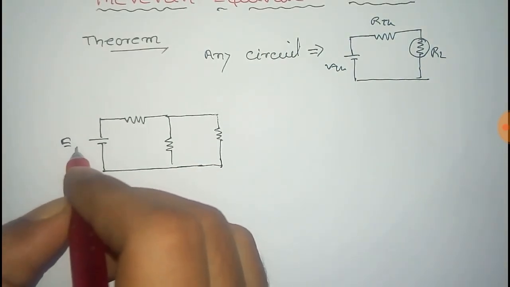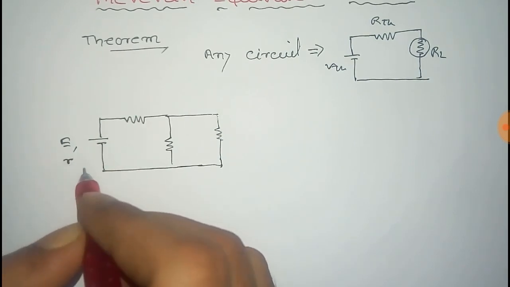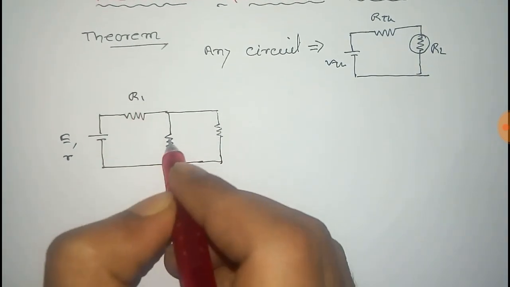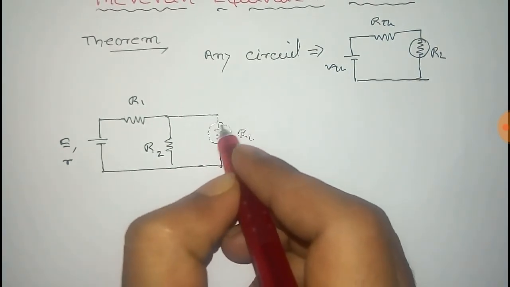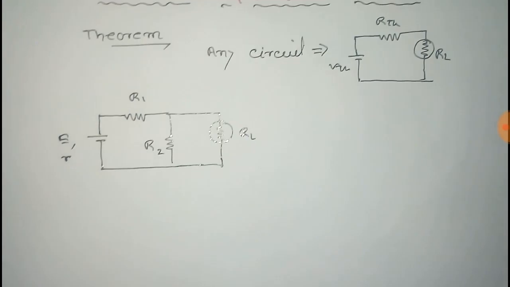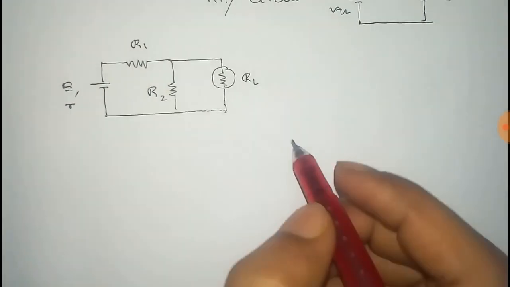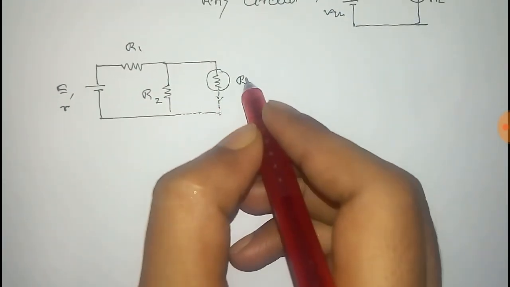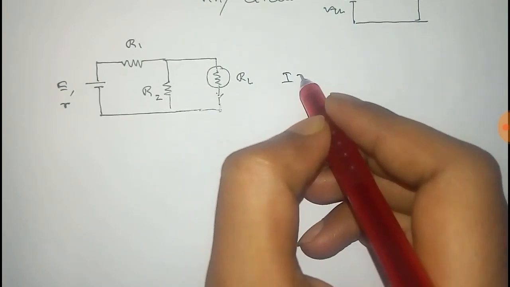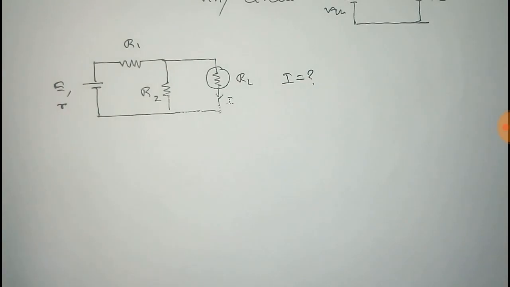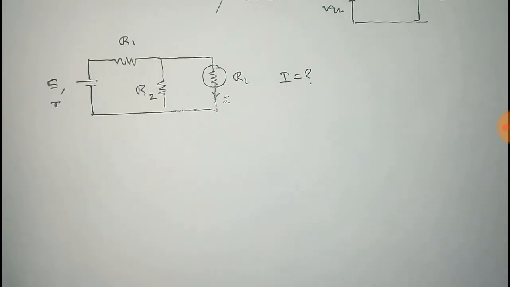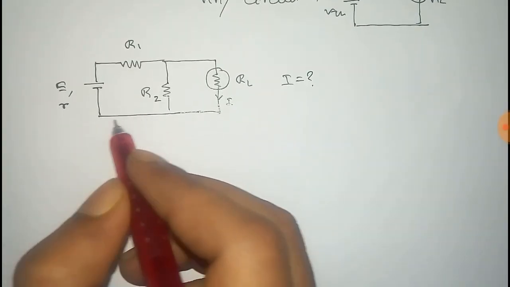The EMF of the source is E, and the internal resistance of the source is small r, that is R1 resistance, that is R2 resistance, and that is the load resistance, and we have to find the current through this load. So the question is to find the current through the load resistance, that is, how much is the I. To find the solution of this question, we have to convert it to the Thevenin equivalent circuit.